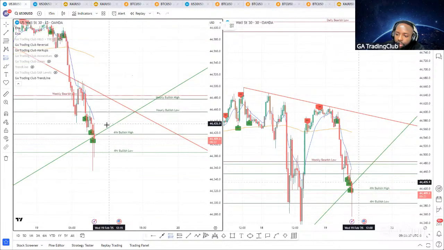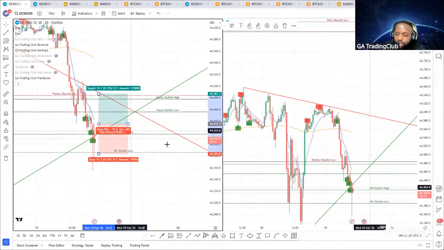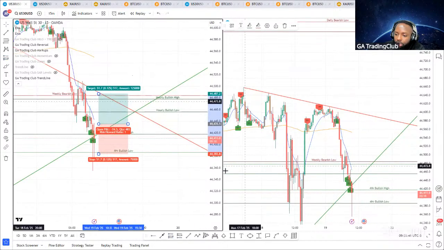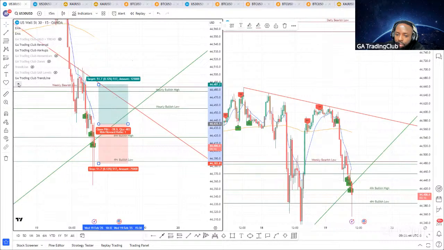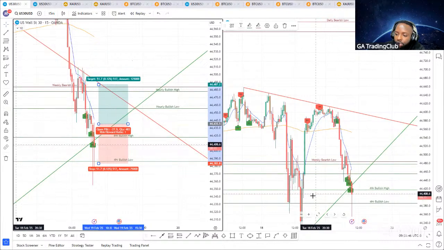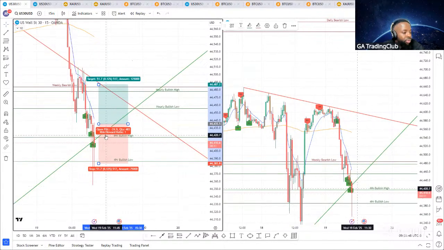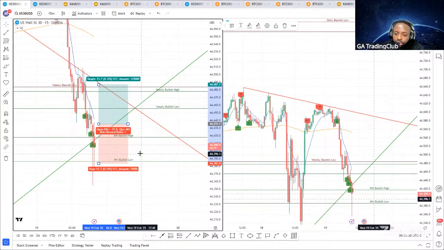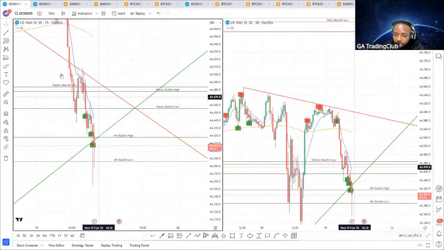We have 22 seconds, and I don't think it will come back and close above here. So maybe the next 15-minute candle will be the one that comes back and closes up here. So this one will probably not close above here.